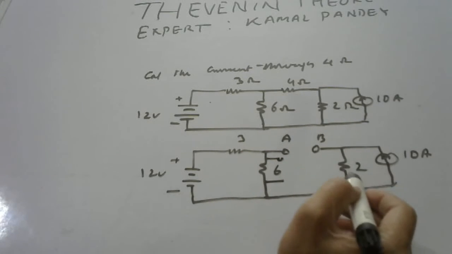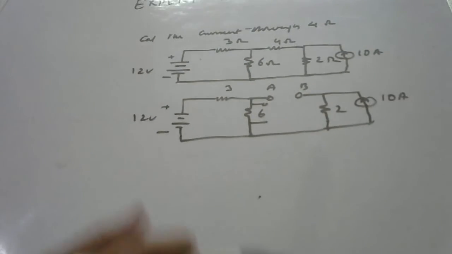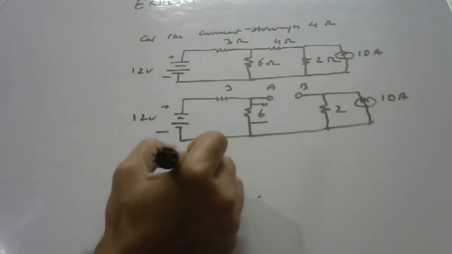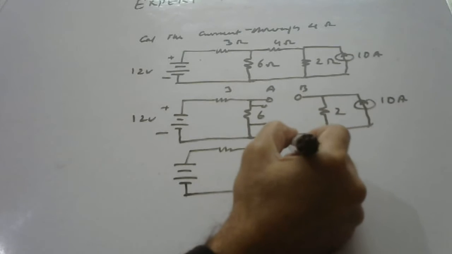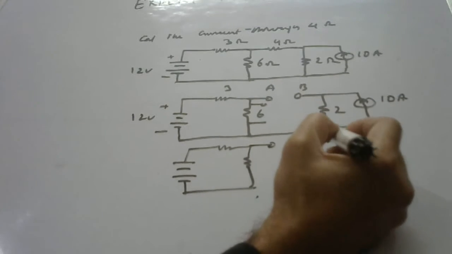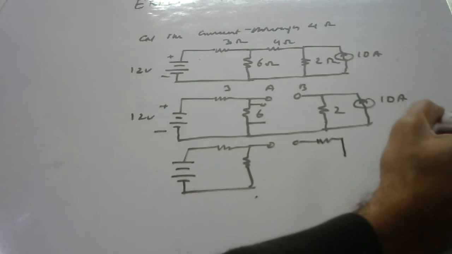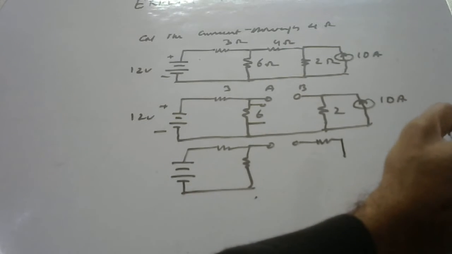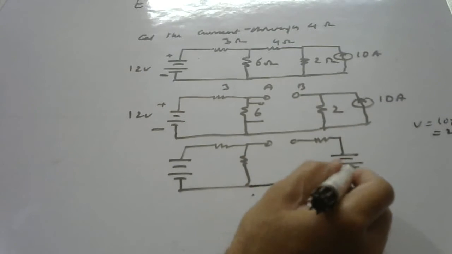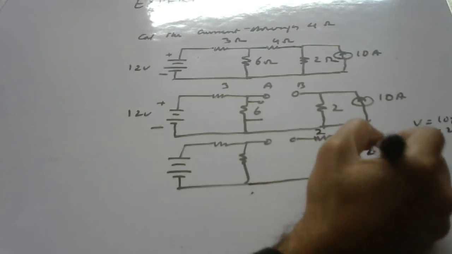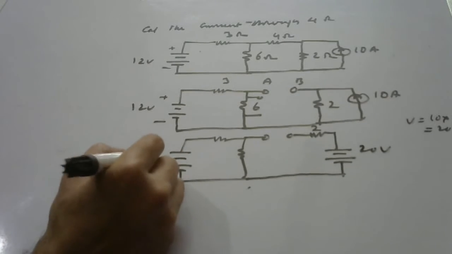We convert the current source to a voltage source, with the resistance in series with the voltage source. It becomes V equal to 10 into 2, 20 volt. This is 2 ohm and this is 20 volt.